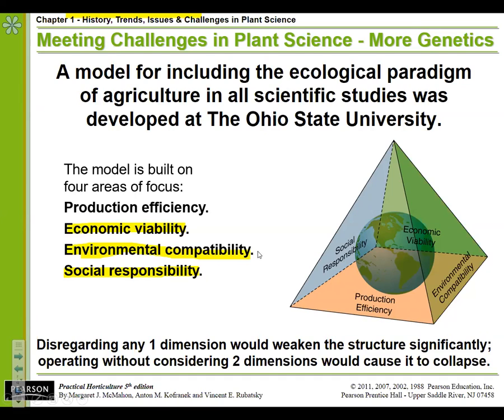So we're looking at tomatoes, for instance. Most of them that are consumed in the United States are grown in either Florida, California, or Mexico, and then shipped around the country, in some cases around the world, because that happens to be the most compatible environment to have the greatest production efficiency.